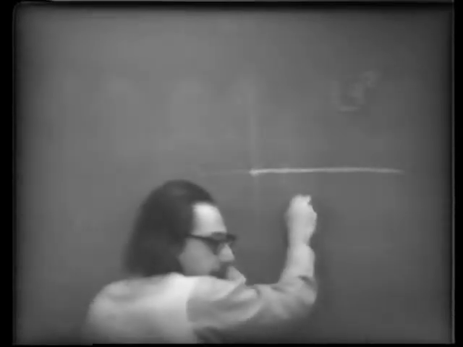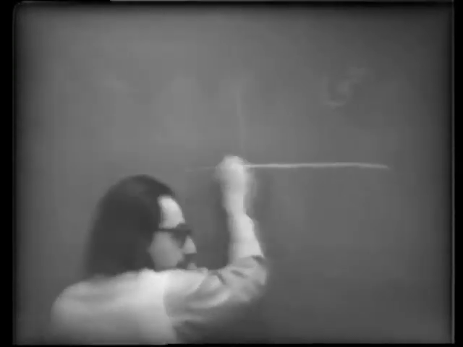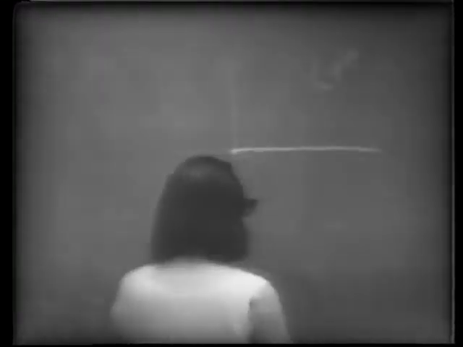Q squared plane, the axes, a possible cut. It's analytic in the upper half plane, analytic in the lower half plane, analytic by our proof for q squared less than 0. About the positive real axis we know nothing, so it looks like this. We've got everything except the positive real axis.